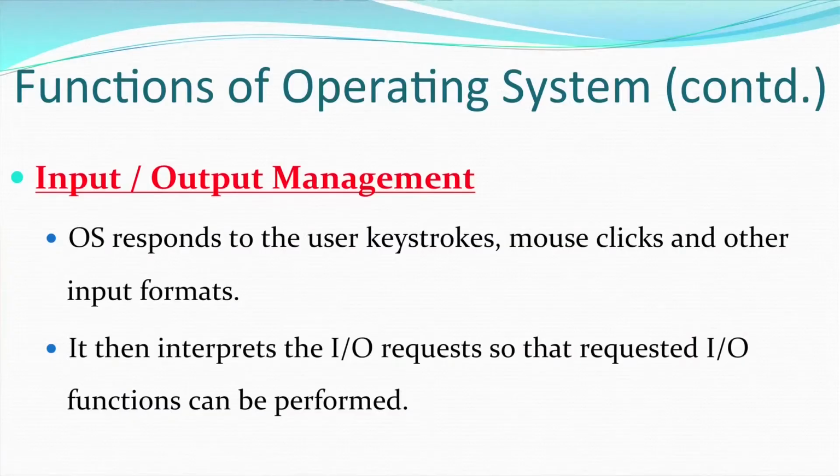Any input that is given to the computer is taken care of by the operating system for processing purposes. The operating system also interprets any input output requests so that adequate functions could be performed by the computer. So, the third function of the operating system is input output management.